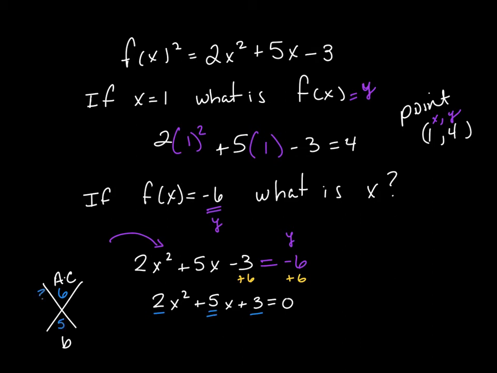You are looking for two factors that multiply to equal the top number 6 and add to equal 5. So because the 6 is positive, those signs must be the same. So in this case, we're looking for a positive 2 and a positive 3.